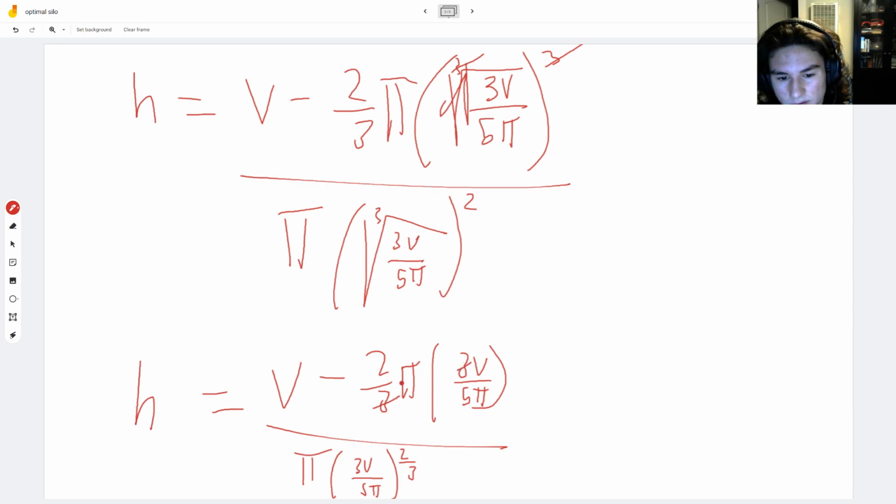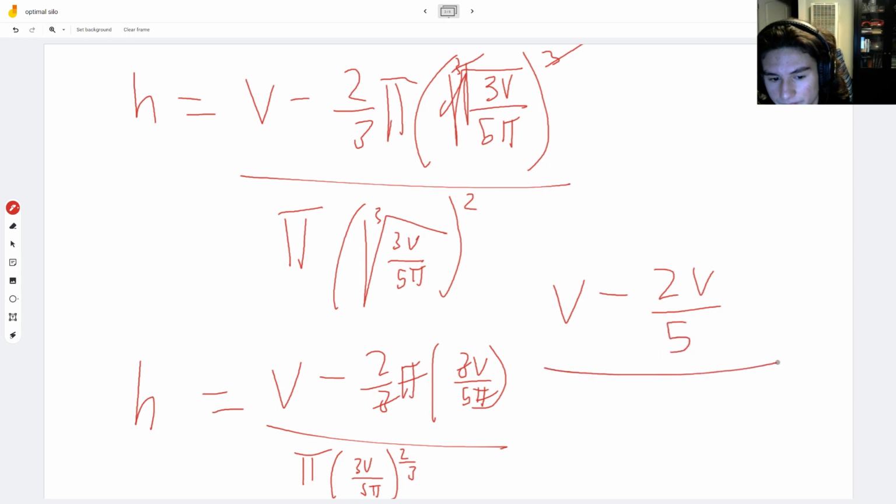So now we can start canceling some stuff. There's 3 on the bottom, pi there. So basically it's v minus 2v over 5 over pi, 3v over 5 pi to the power of 2/3.